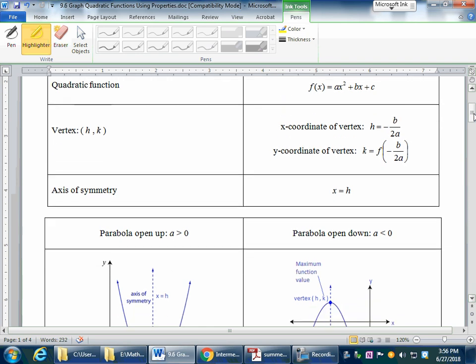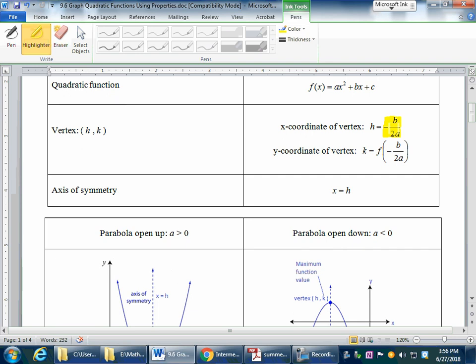Here's the formula. The x-coordinate of the vertex will be denoted with h, and the formula that helps you get that value is minus b over 2a. And a, b come from this quadratic function.